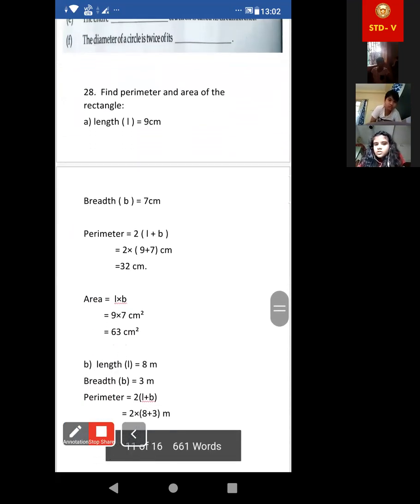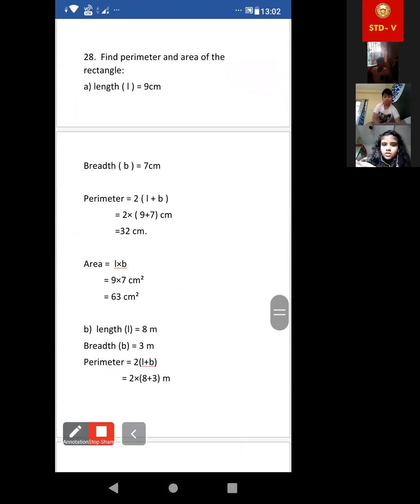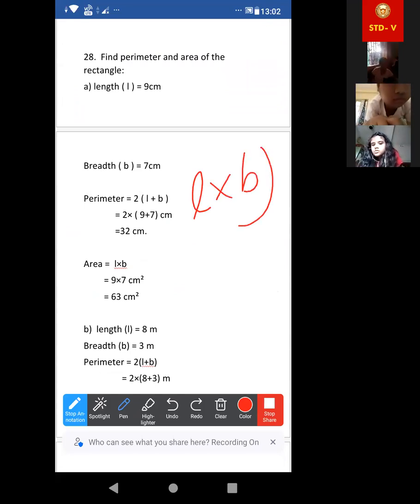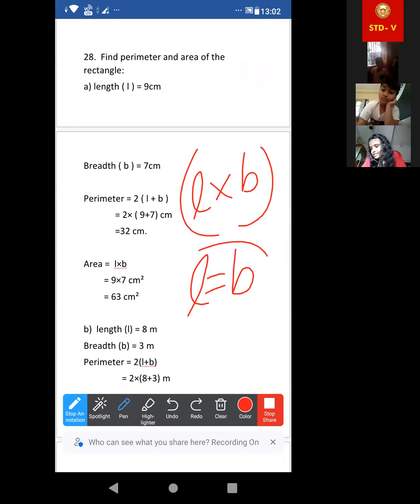Now just complete sum number 28. You have to find the area. Area means length into breadth, L into B. Already this is known to you; in the last class you learned this. Same for square. Square means each side is equal, that means length is equal to breadth, in case of square, not in rectangle.